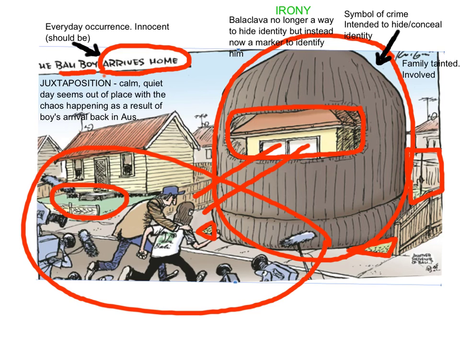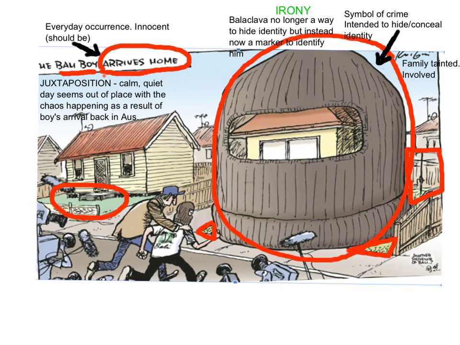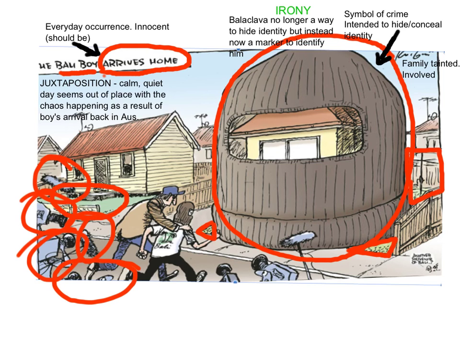So if you have a look at the scene that's taking place in this bottom left corner, you have 1, 2, 3, 4, something down here suggests 5, 6, 7, 8 microphones or cameras, which are very powerful symbols of media presence and media attention being placed on this young person.